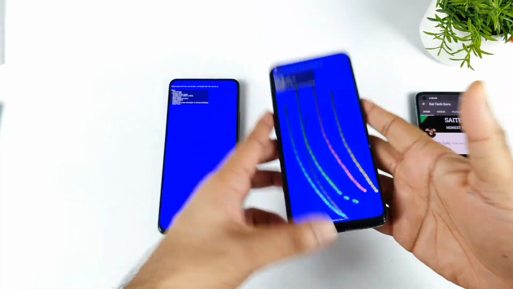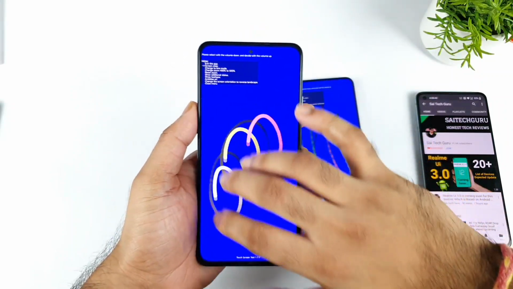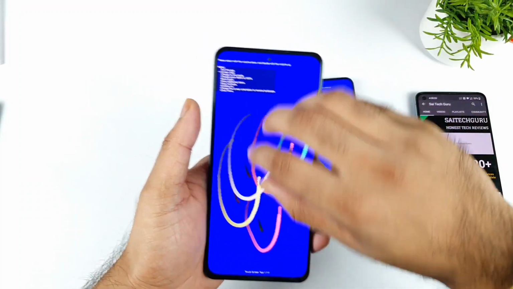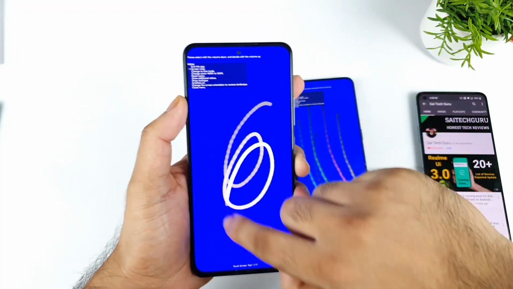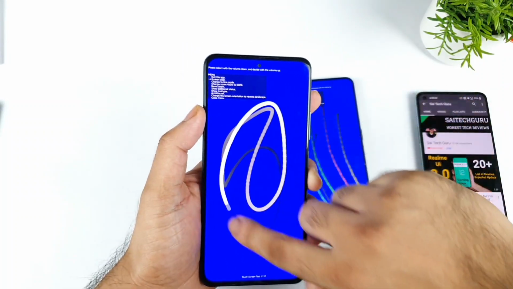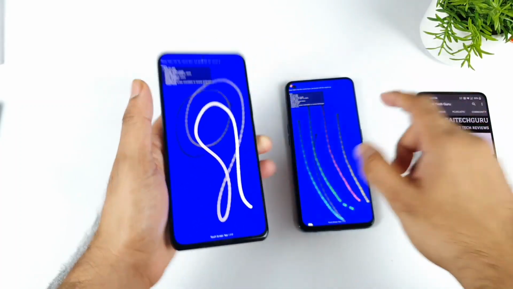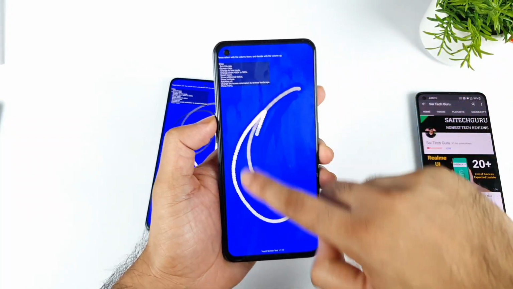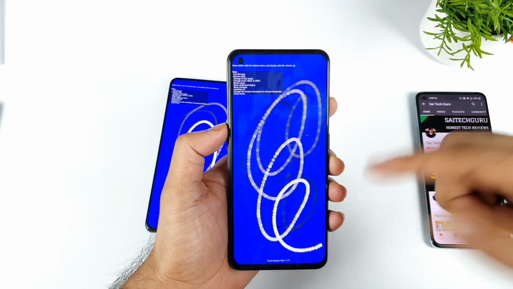Observe how the lines are, and let me do the same thing on the Mi11X device: one finger, two fingers, three, four and five. As you can see friends, the lines are clearly smoother in the Mi11X device because of the touch sampling rate only. There must be some reason why it's limited on the other phone, I'm not sure, but you can see the difference the touch sampling rate makes.